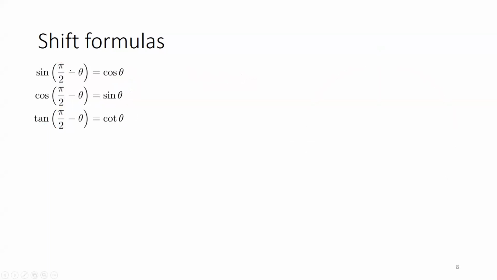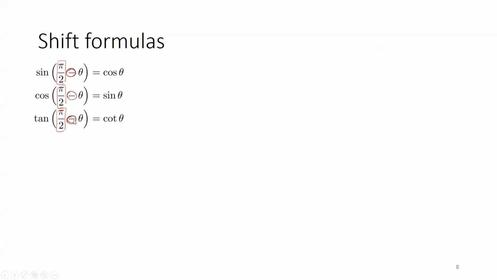There's a similar looking set of formulas that again involve pi over 2. But now instead of adding pi over 2 to the angle, what we do is we subtract the angle from pi over 2. So we have pi over 2 minus theta.